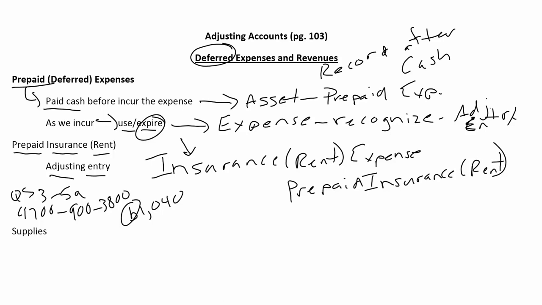Another prepaid or deferred expense is supplies. When we purchase supplies, we record it as an asset. So when we purchase supplies, we debit supplies and we credit cash or however we purchase it.